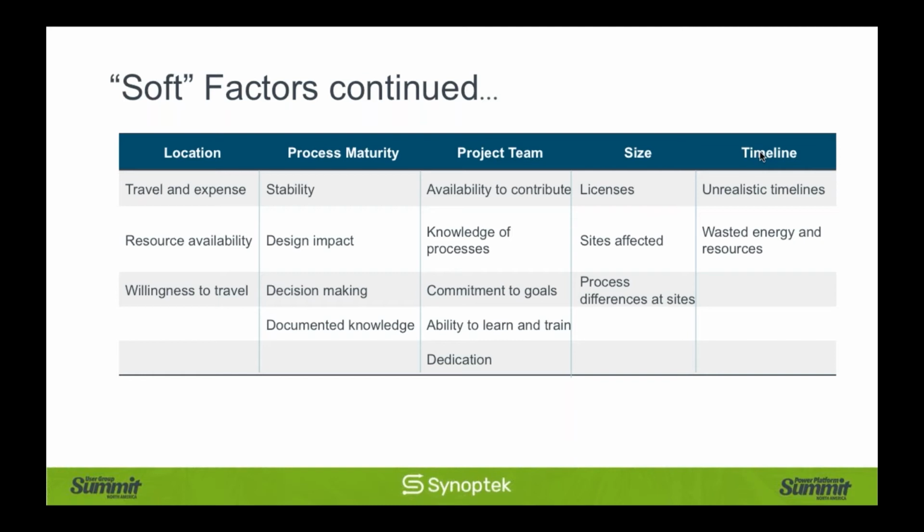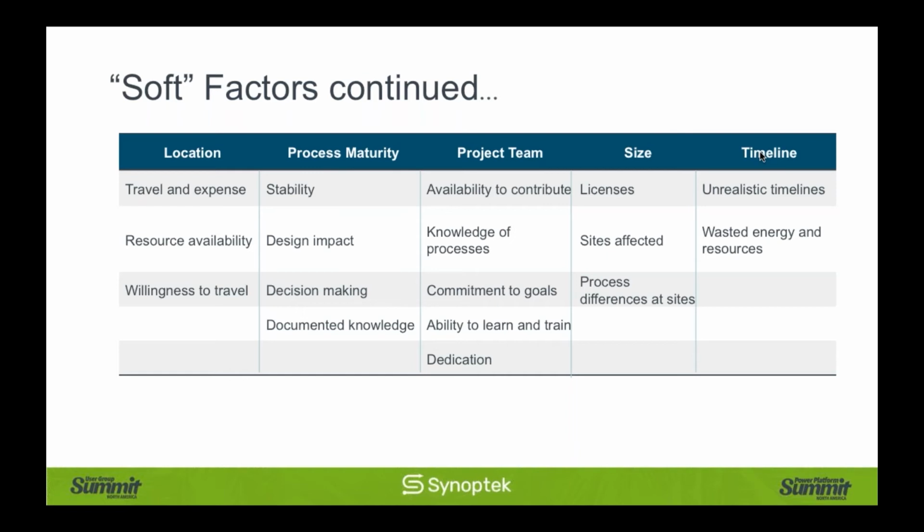Next is your project team, right? You want to have a team that's able to contribute. They have the knowledge of the processes. They're committed to the goals. They are able to learn and train and have the dedication to stay with the company after you go live.